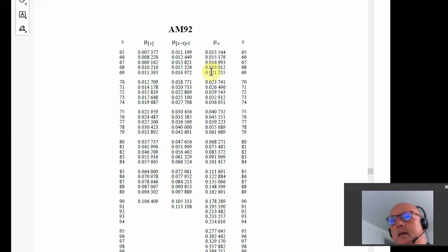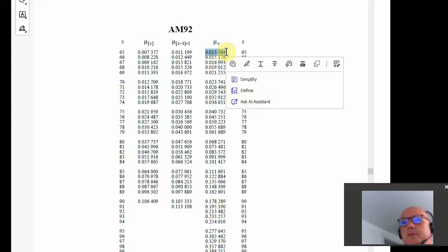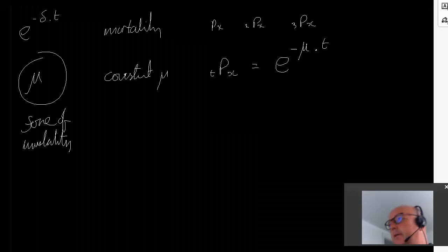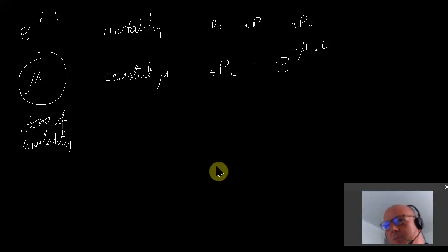They're tabulated for each year, and what that number there is doing is saying assume the force of mortality is constant between the age of 65 and 66. It's making that assumption and calculating what it is. So the form you would more often see is we think that the mu is constant each year but changes. It's different each year but is constant during the year.